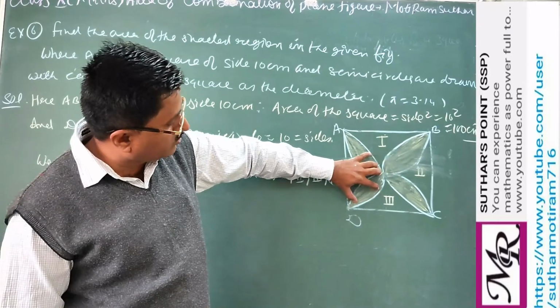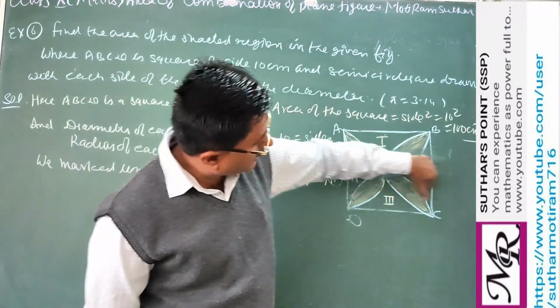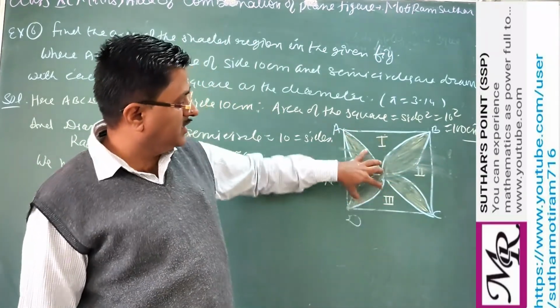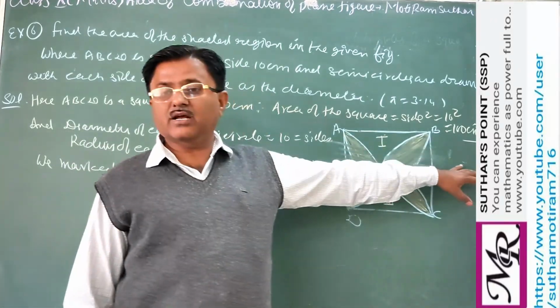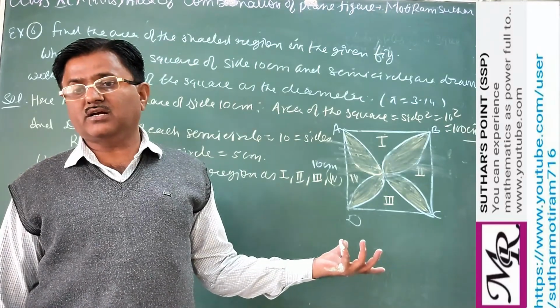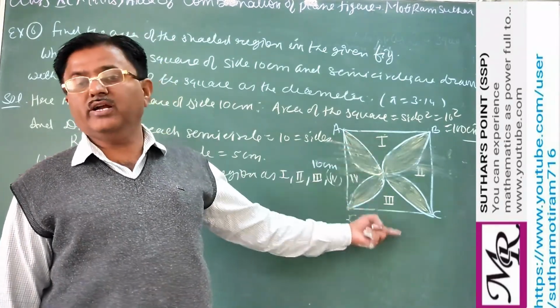Both regions we have to trace out here like this. Then what is left? Only 1 and 3. If you are removing this semicircle and this semicircle, then what portion remains in the square? That is 1 and 3.